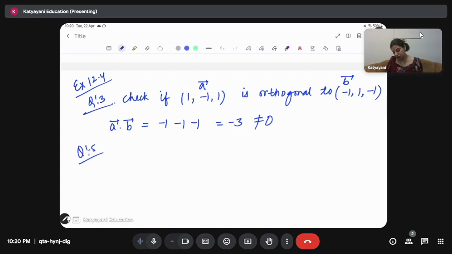Let's do another question from the same exercise, question number 5. It says for what values of x are, so there are two vectors. Vector A is x, minus 8, x comma x.